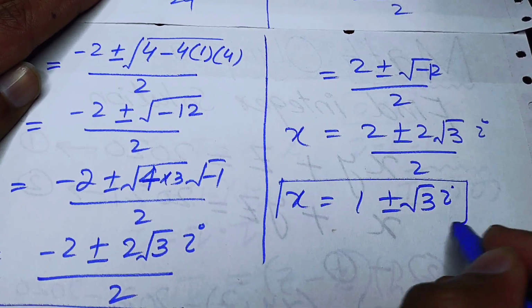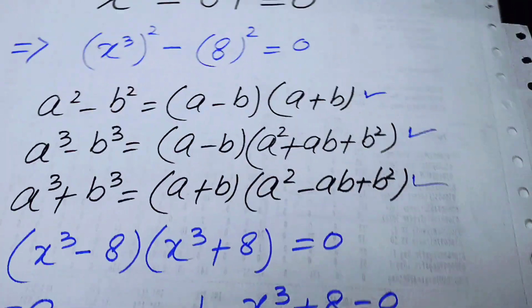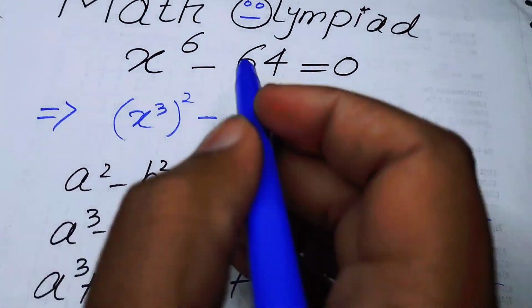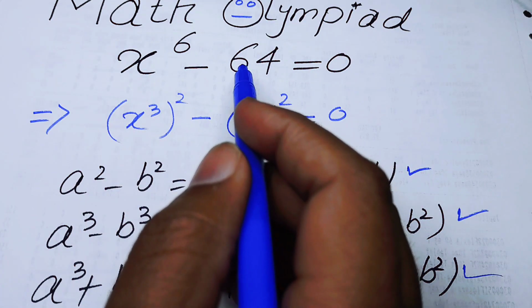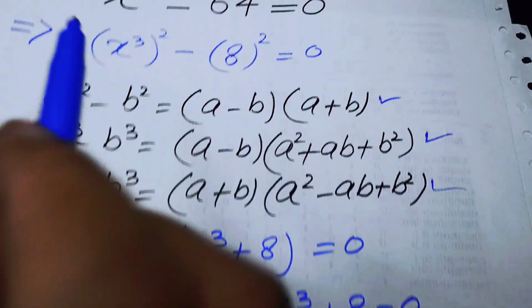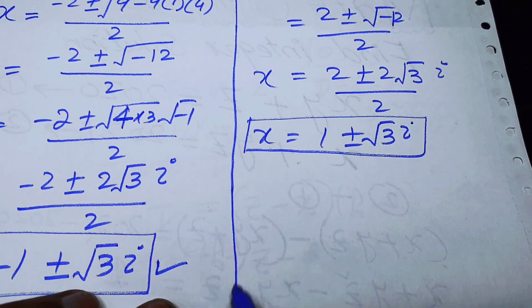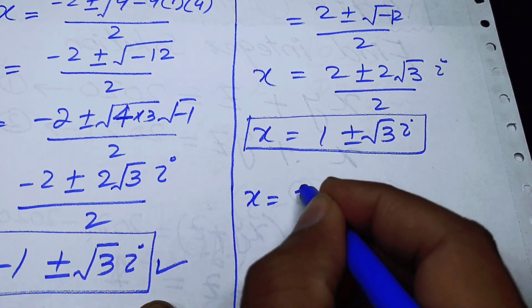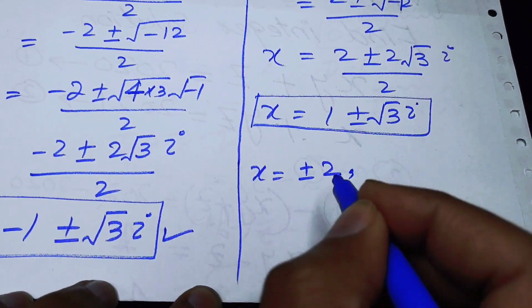Okay, so our given question is of sixth order. This is a sixth order polynomial equation, a nice equation, so you get 6 solutions. Our required 6 solutions are x is equal to plus minus 2, and these are 2 solutions.